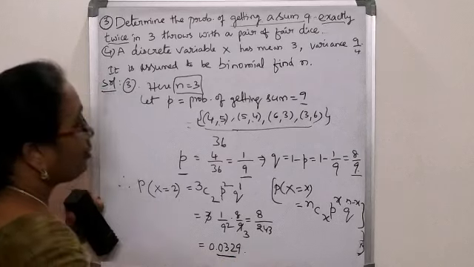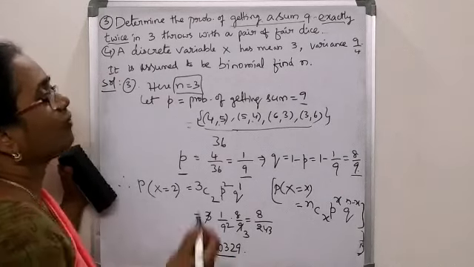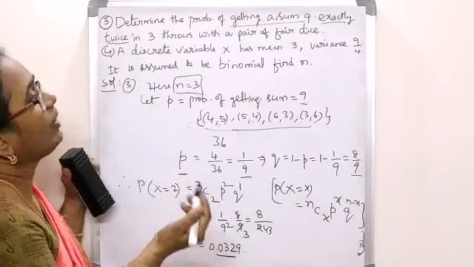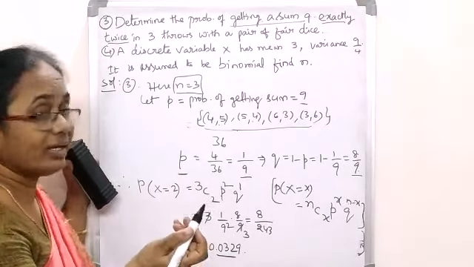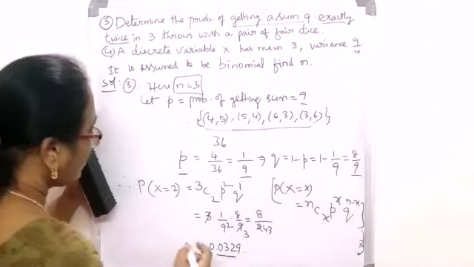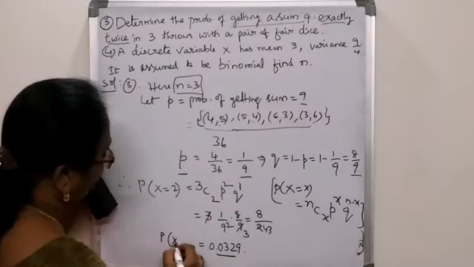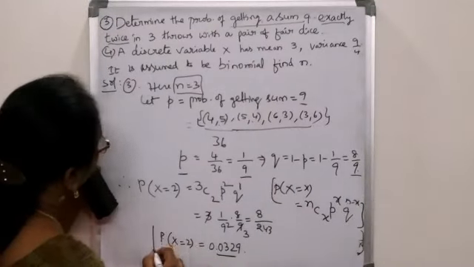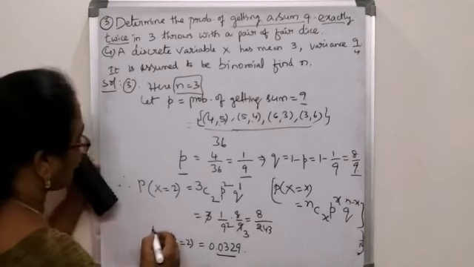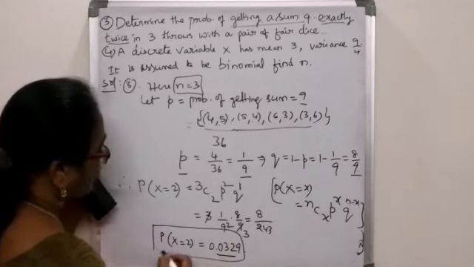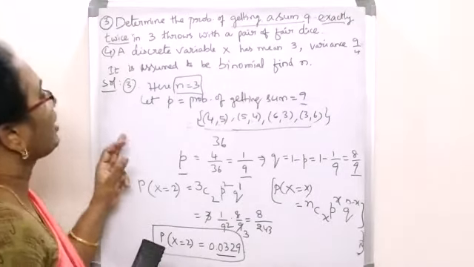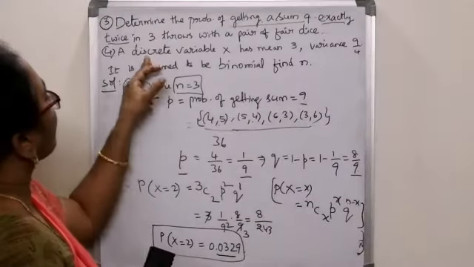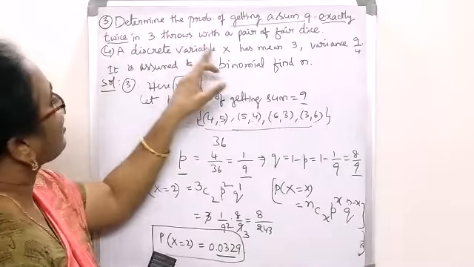So this is the probability that when a pair of dice is thrown, we will be getting the sum 9 exactly twice in 3 throws, right? So P of X equal to 2 is 0.0329.